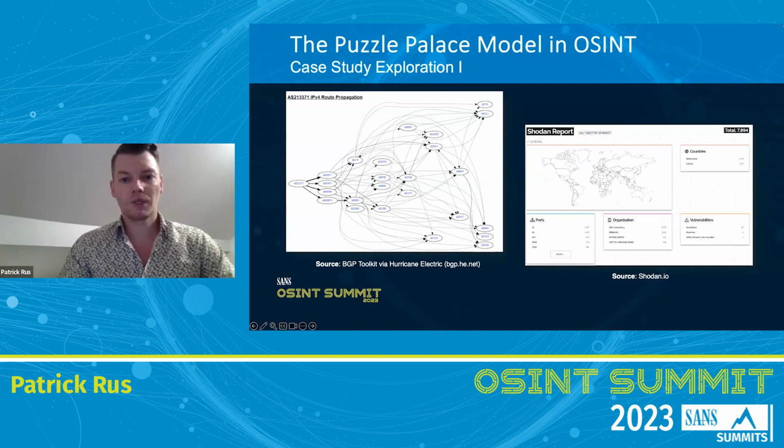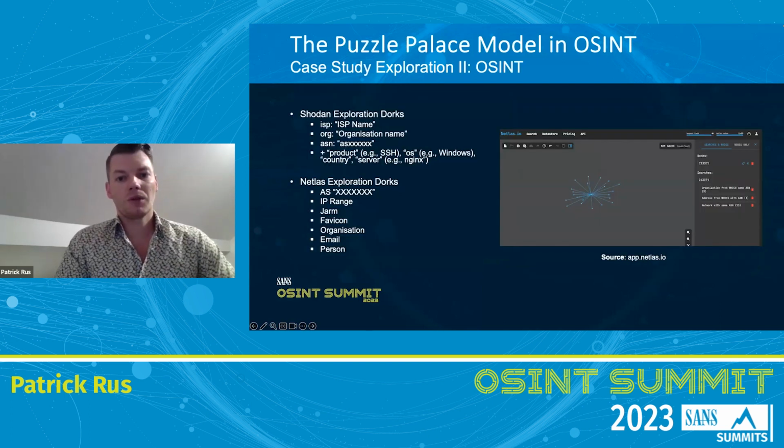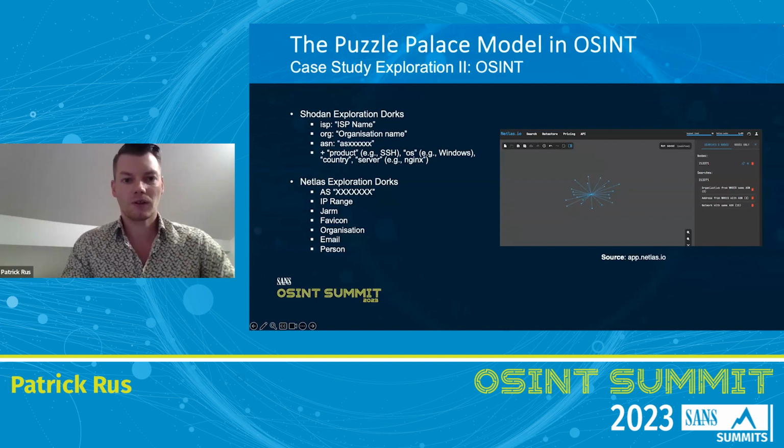We can perform additional searches or dorks using Internet of Things search engines, and this is explained in the next slide, where you can see different exploration dorks, as I call them, via the ISP, the Internet Service Provider, organization name, ASN, or you can narrow down the investigation by server type, product, operating system, or country.